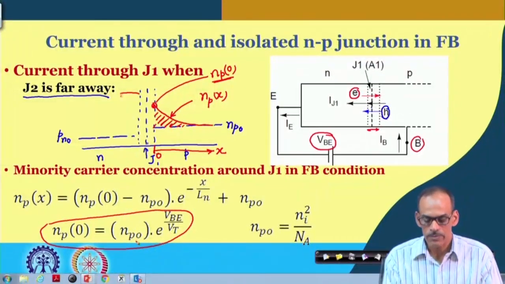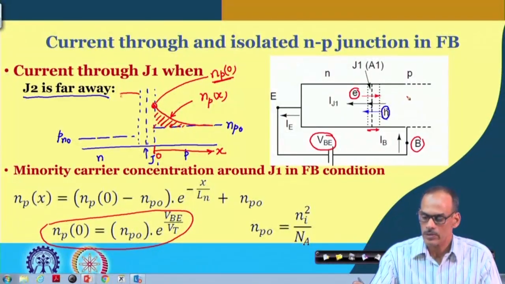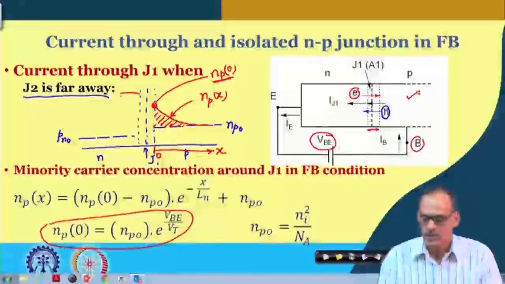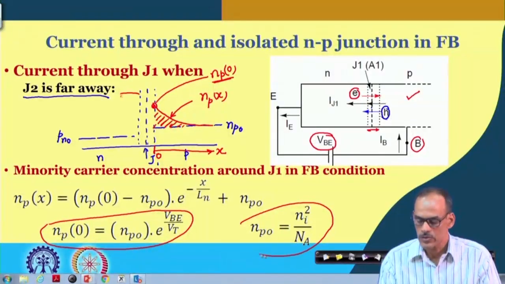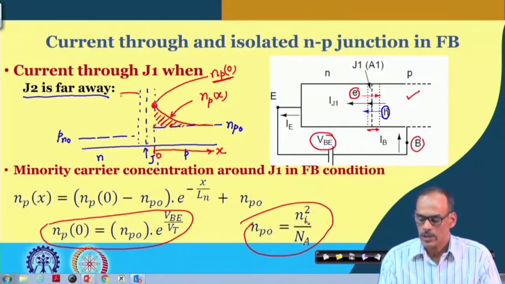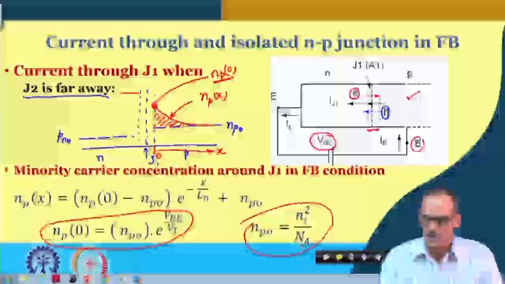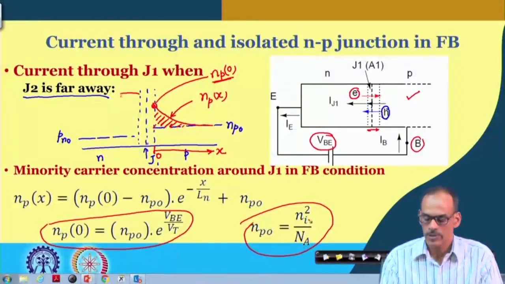And this n p naught, of course, depends on whatever the acceptor concentration we do have, and its expression is given here, which is equal to intrinsic carrier concentration square divided by acceptor concentration. So, based on the information available here, we can find, based on the forward bias, this carrier concentration here.